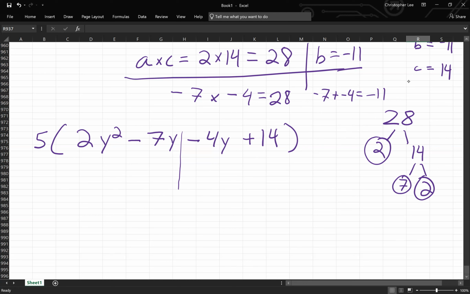I'm just looking in the parentheses. No, I'm looking at the left-hand group. Y, right? They both have y in common. So I'm going to factor out a y. When I factor out a y, what's left over?